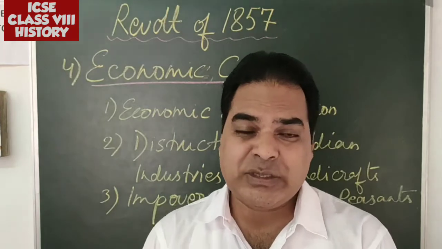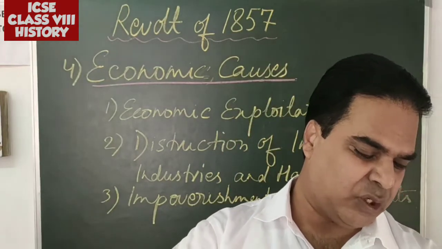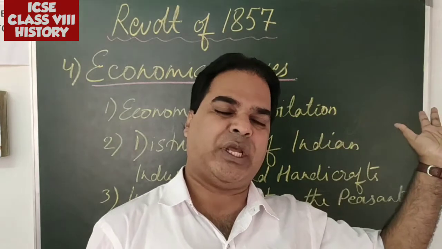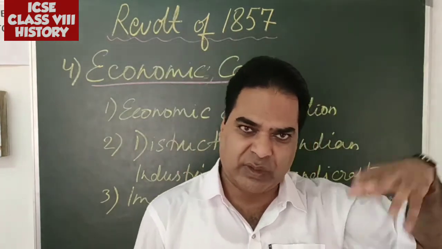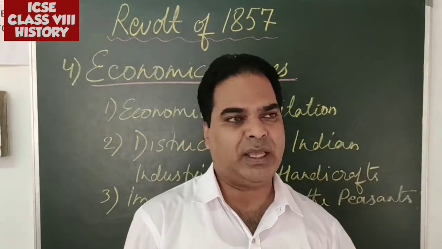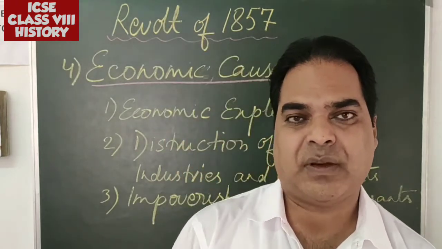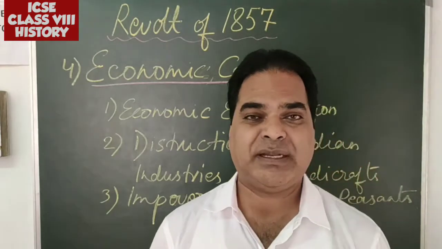They imposed heavy taxes on Indian textiles. When they were taken abroad or to foreign countries, taxes were imposed very high, so automatically the prices of those textiles would go high, and that hampered the business of the Indian communities. So they suffered a lot from the heavy taxes.